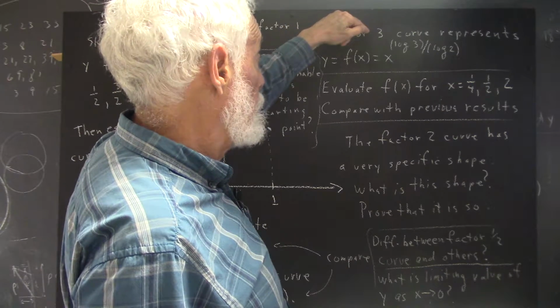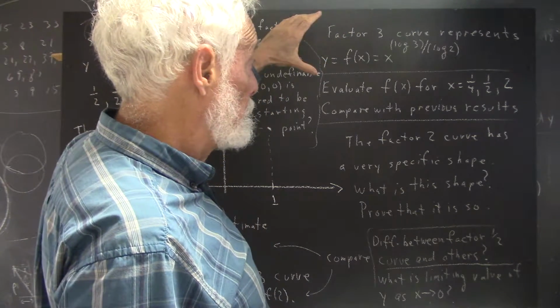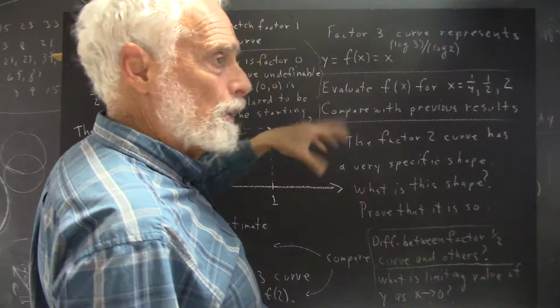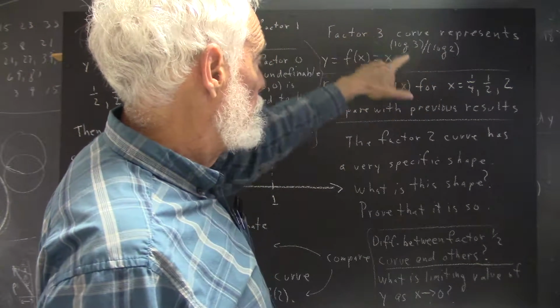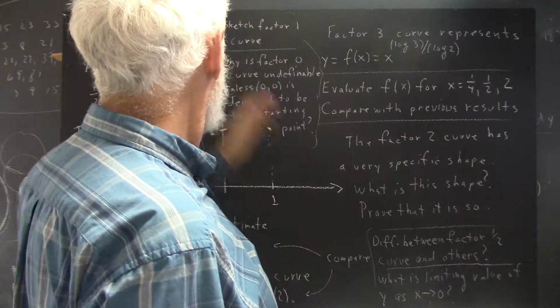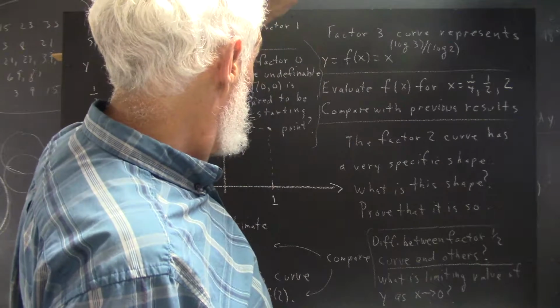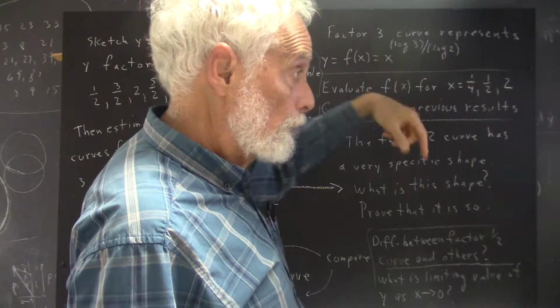We know that the factor 3 curve, and hopefully you proved this, but maybe you haven't. Doesn't matter at this point. It's better if you have than if you haven't. You can still use the result that your factor 3 curve represents x to the log 3 divided by log 2. The power p is log 3 divided by log 2 for this curve. You can get log 3 and log 2 in your calculator.